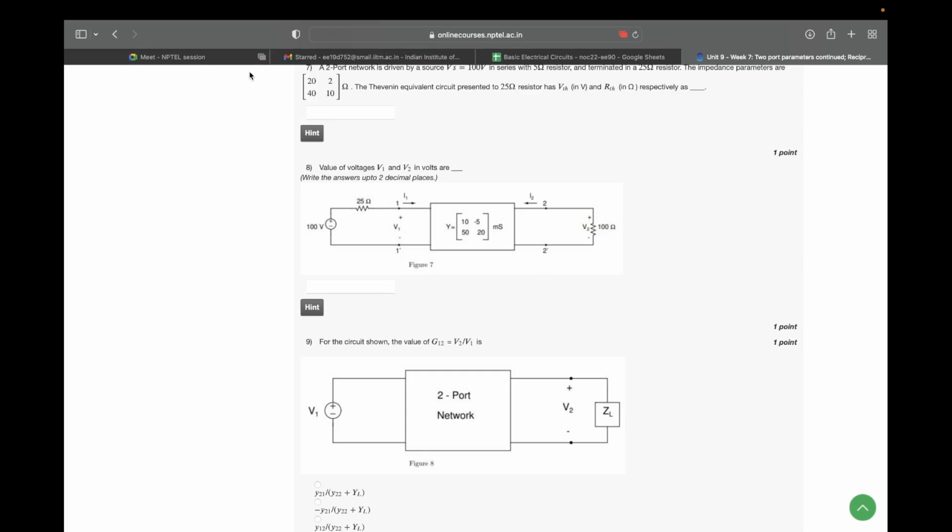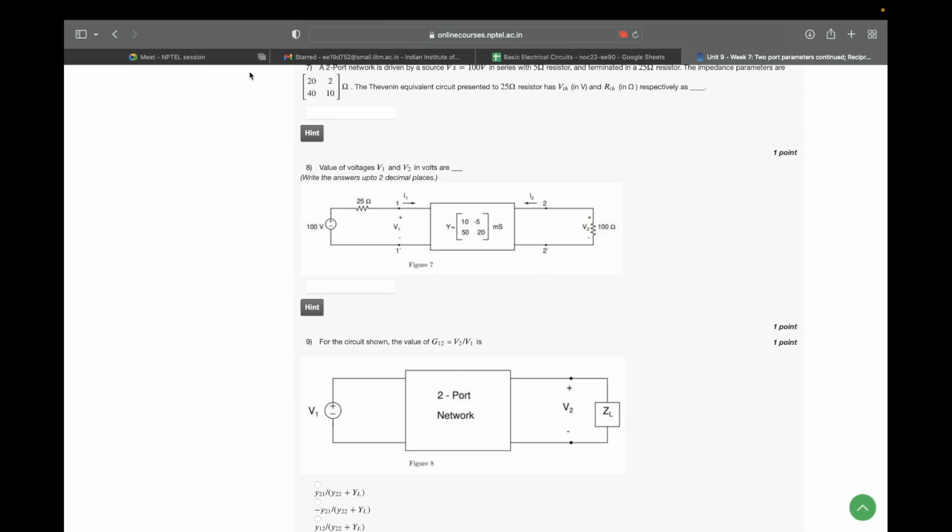Similarly, for the other port, we apply a current source at port 1, and we get V1 equal to 5 kilo ohms times I1. So Z11 is 5000, that is 5 kilo ohms.